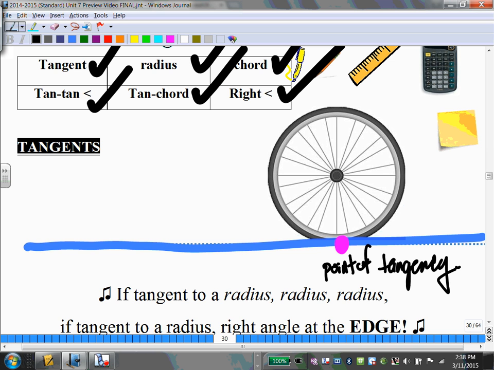Now imagine this wheel is rolling, and that's a radius. Now imagine you have this radius that goes to the point of tangency. That's also a radius, and it touches the point of tangency.